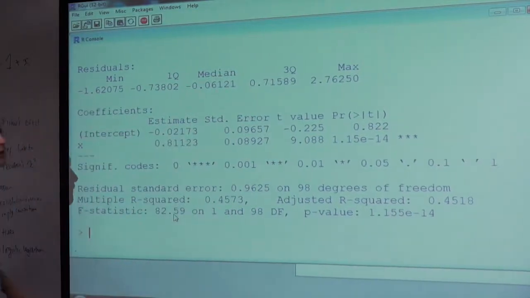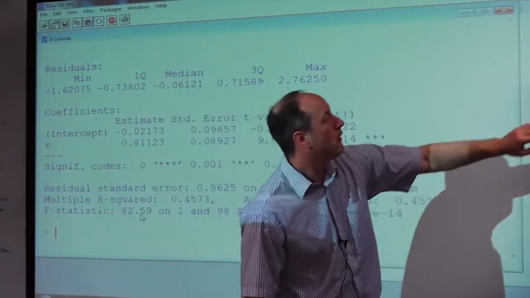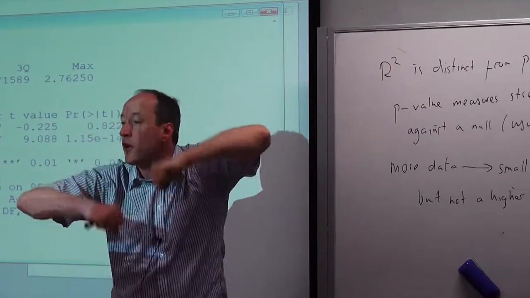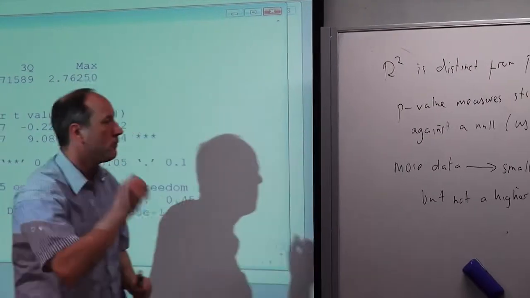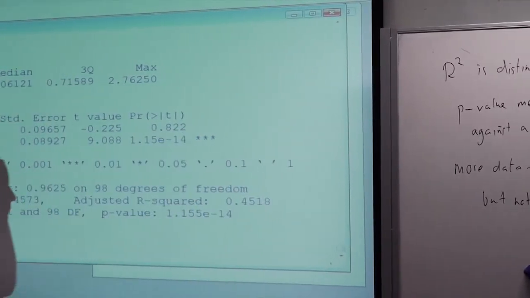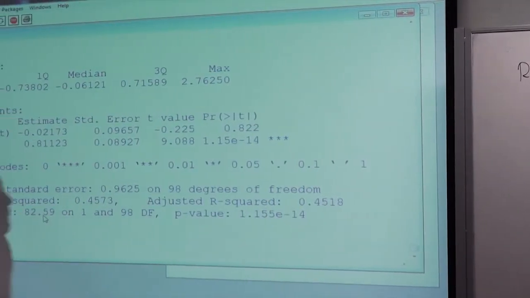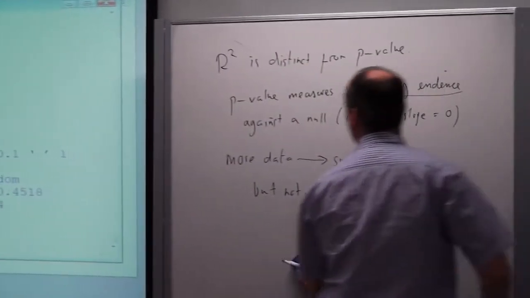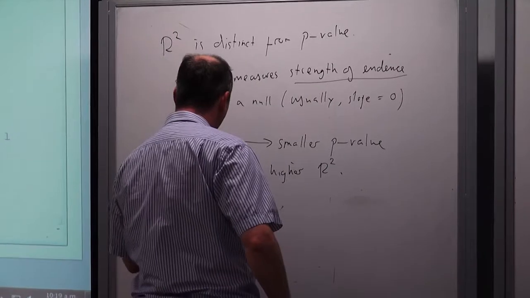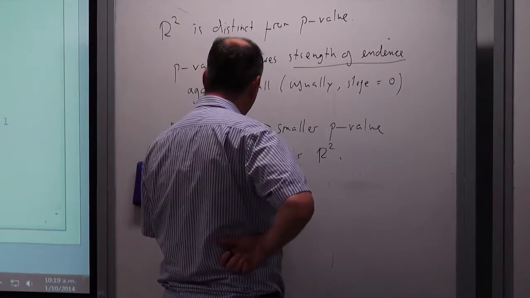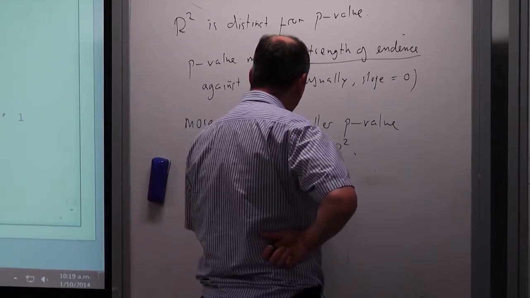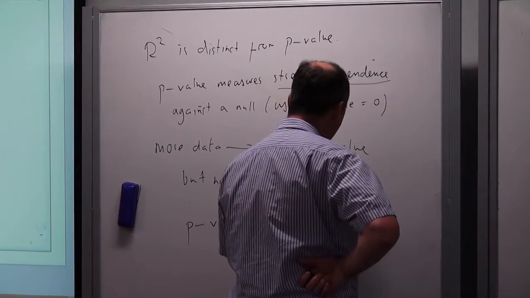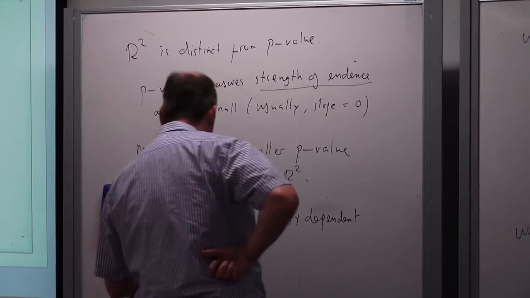So we've got a situation here where R squared is staying constant, but the p-value is getting smaller because we're throwing more data at it. So the p-value measures the strength of evidence against a null, and so the p-value is strongly dependent on amount of data.